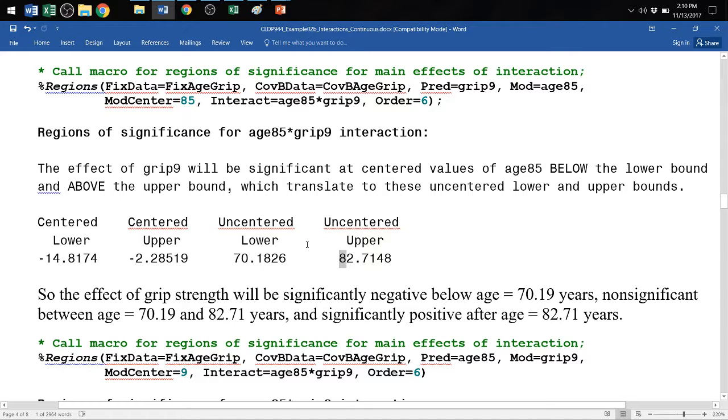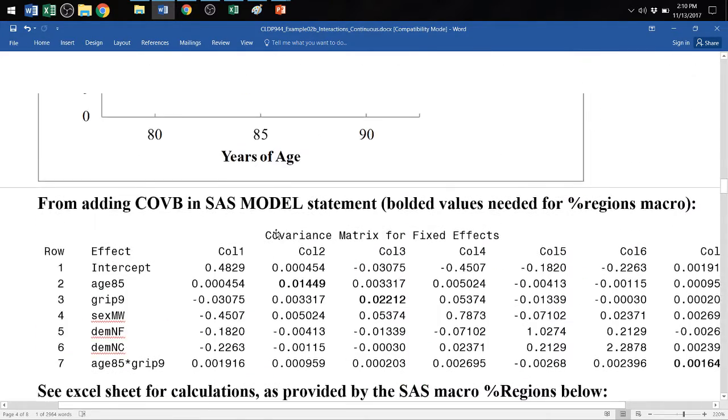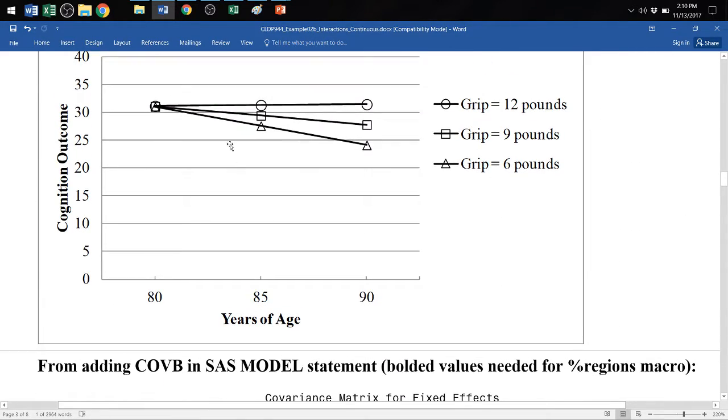These are the values of age at which you can expect the effect of grip to be positive, negative, or 0. Let me go back to the graph here. So 82, that's where grip strength matters. Before then, it's Twinkies and Netflix. After that, get to the gym.